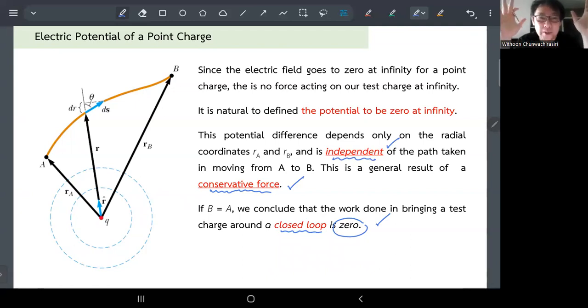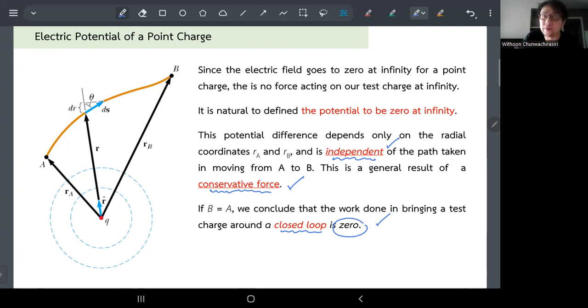Every time you talk about potential, and you have been taught this forever, you need a reference, right? Like, I'd say the bottom of the screen is my reference point, that's zero height, and then you do mgh. h is the height relative to this reference point. So if you have kQ over r, where is your reference point?